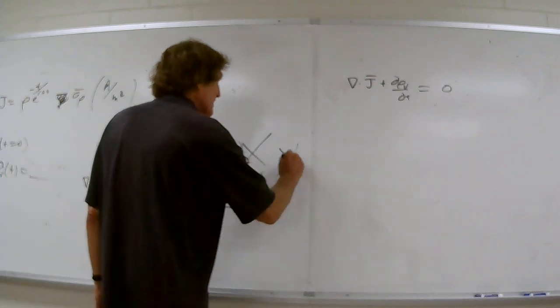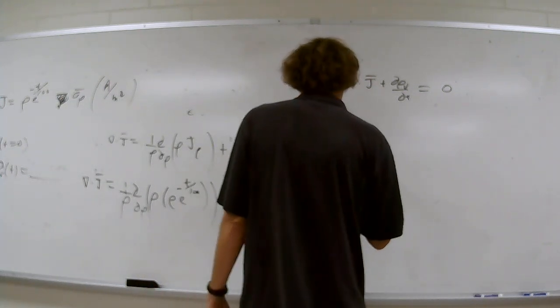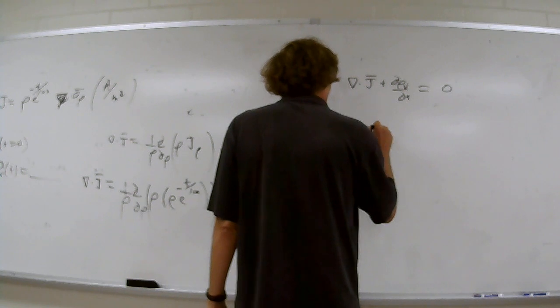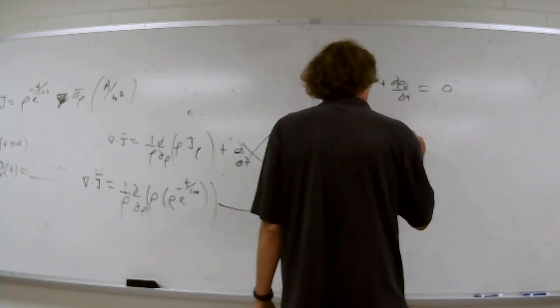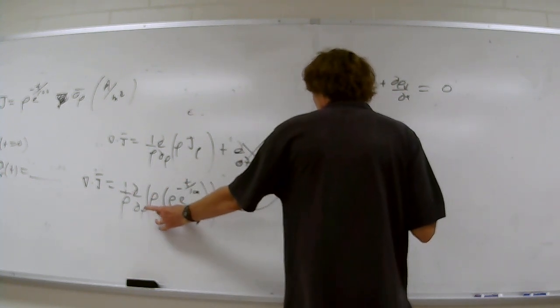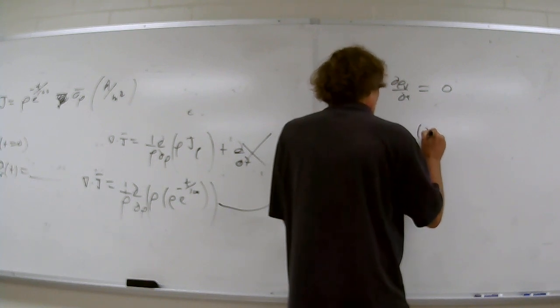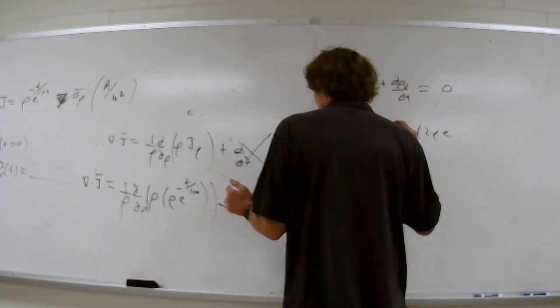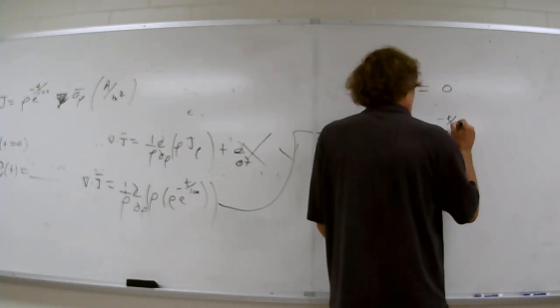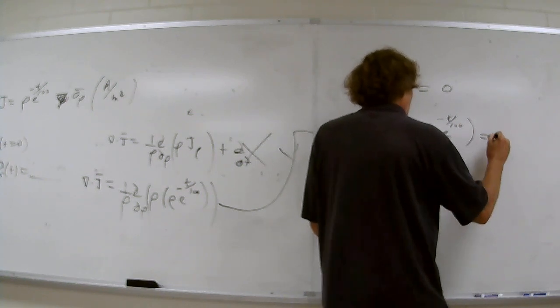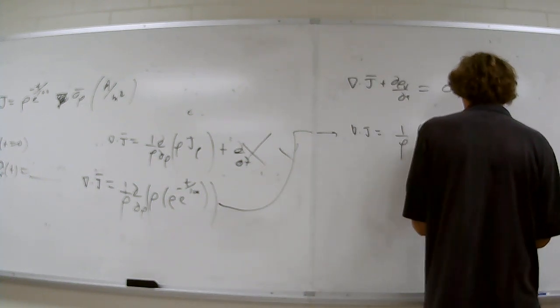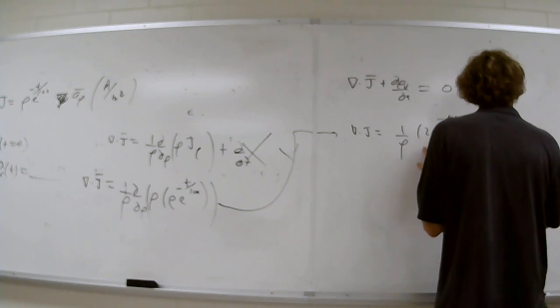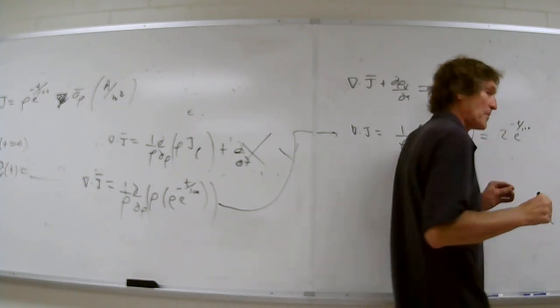What is the derivative going to be? Divergence of J is 1 over rho times the derivative of rho squared, which is 2 rho, times e to the minus t over 100. So the divergence itself is 2 e to the minus t over 100. Y'all follow me? Yep.